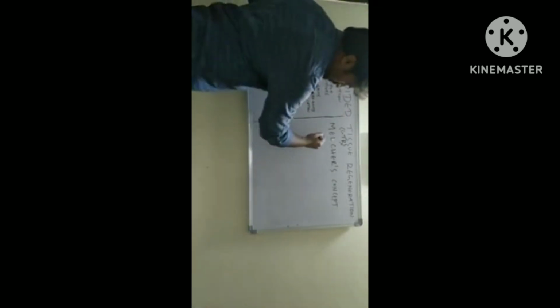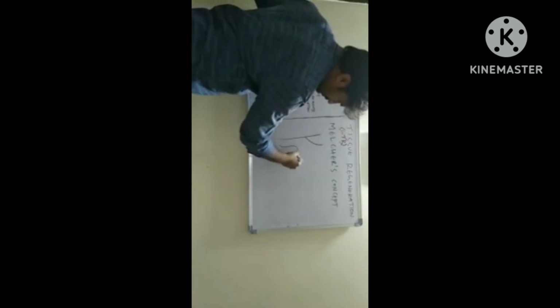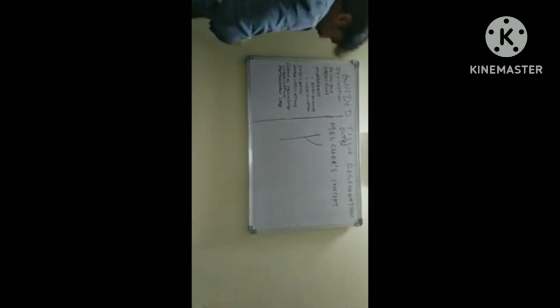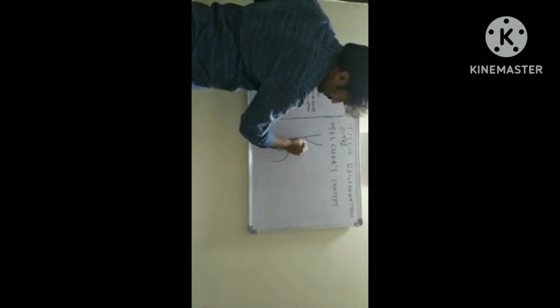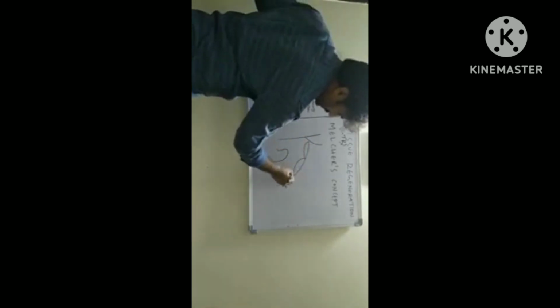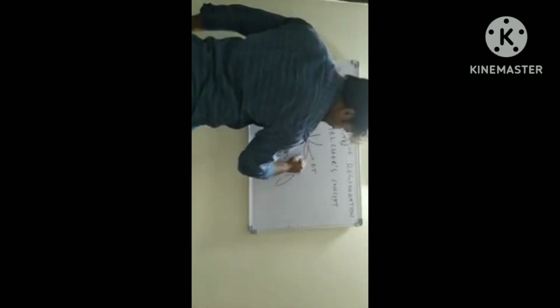Let's take this as a tooth and this is the bone. And this is the gingival tissue. Okay, right. So this is epithelial tissue and this is connective tissue.